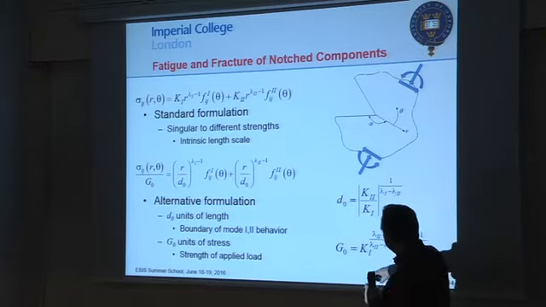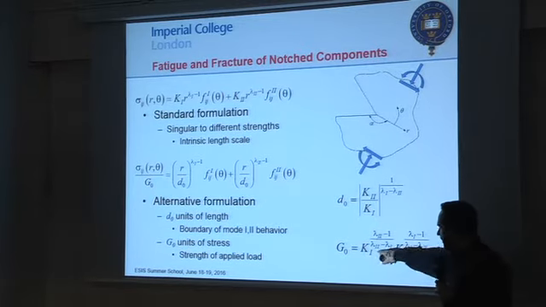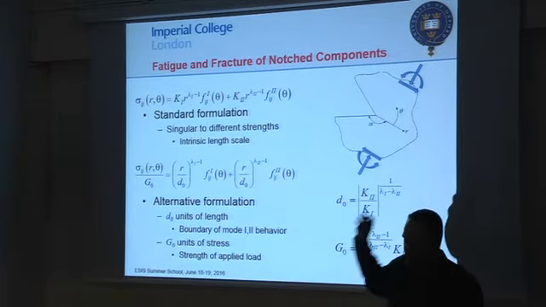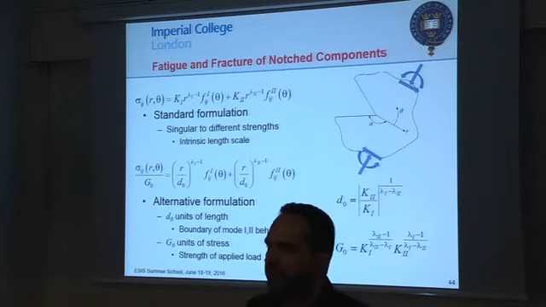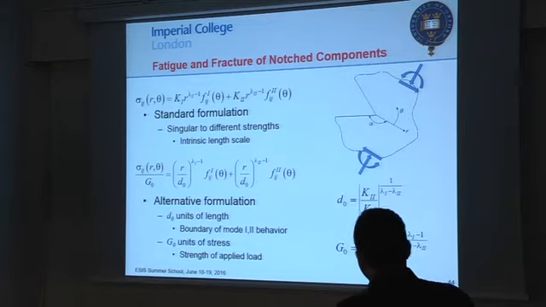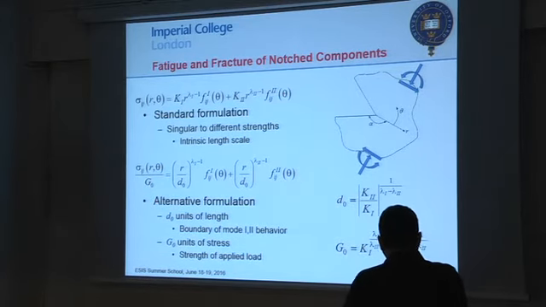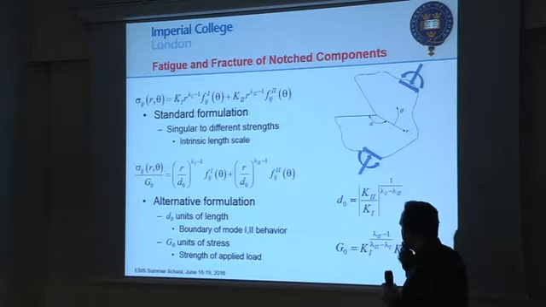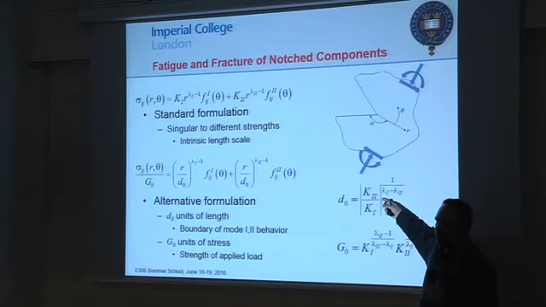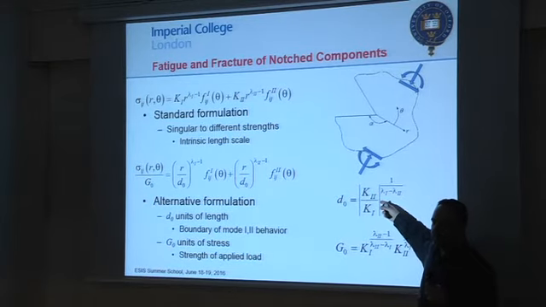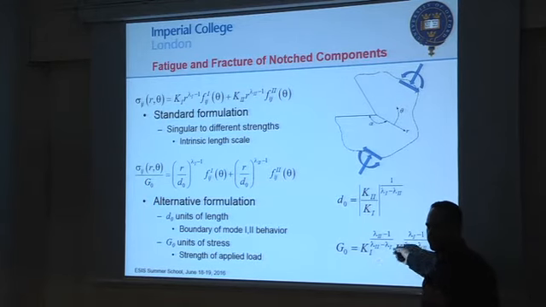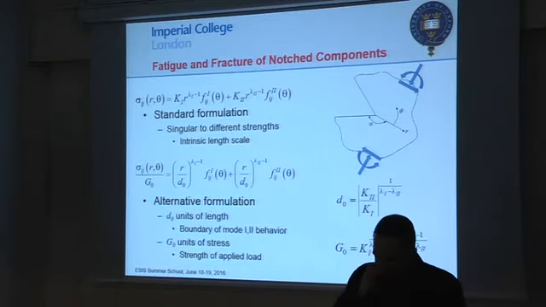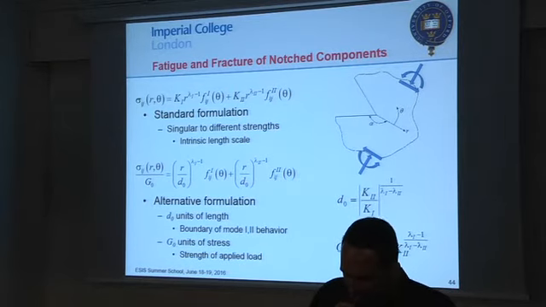And G naught, which is again a combination of K1 and K2 multiplied to some power of the eigenvalues that correspond to the solutions. Now, it turns out that, as we arranged it, D0 is the unit of length, and G naught is the unit of stress.